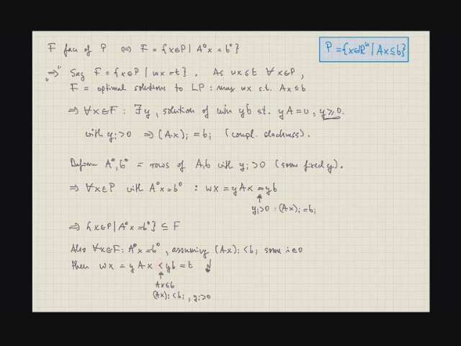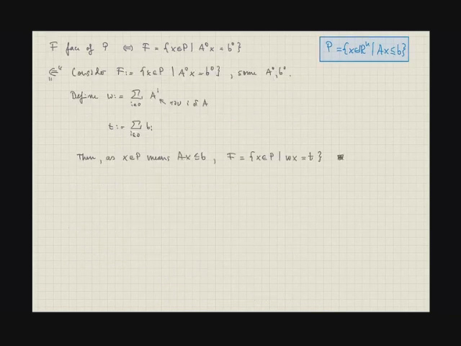So in total, we can conclude indeed that all the points from the polytope fulfilling this linear subsystem A0x equal B0, that is precisely our face F.